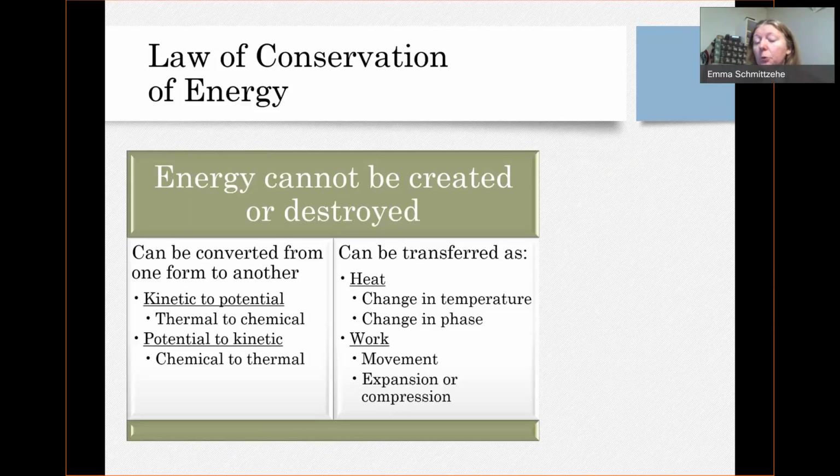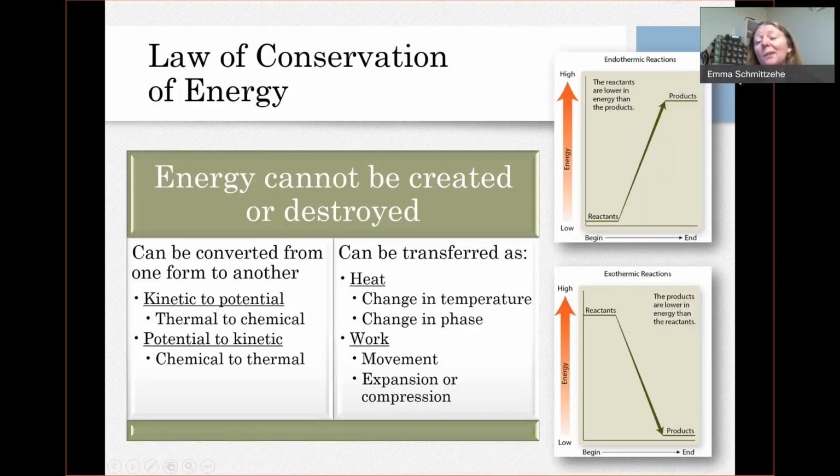And so if we're talking about some sort of chemical reaction, you can have either heat being absorbed or heat being released by that reaction. Okay, and we have terminology that relates to that, and that terminology is endothermic and exothermic. So if we classify a reaction as an endothermic reaction, that's a reaction that is absorbing heat, okay?